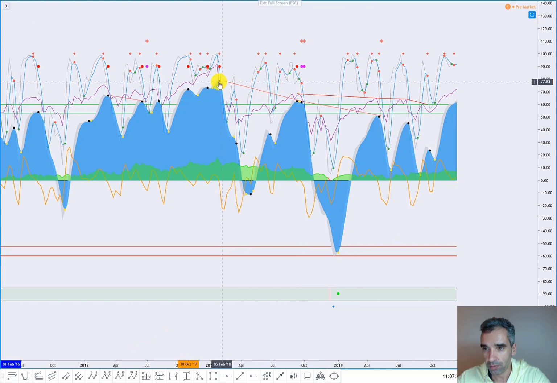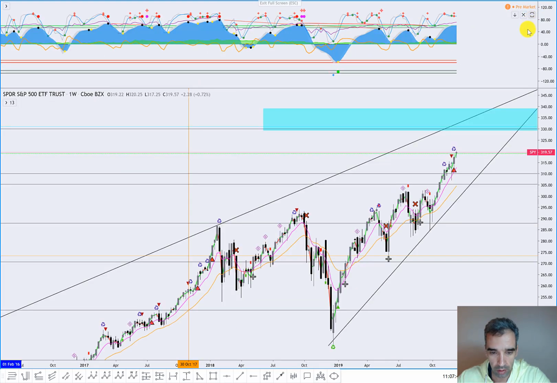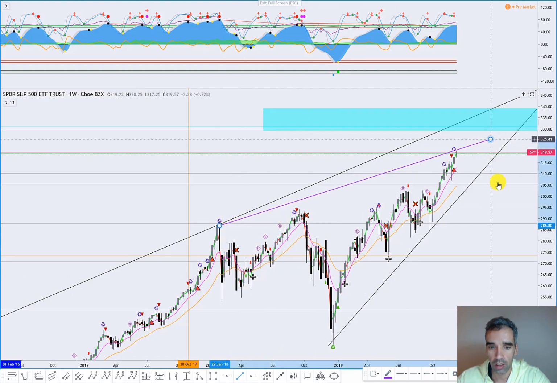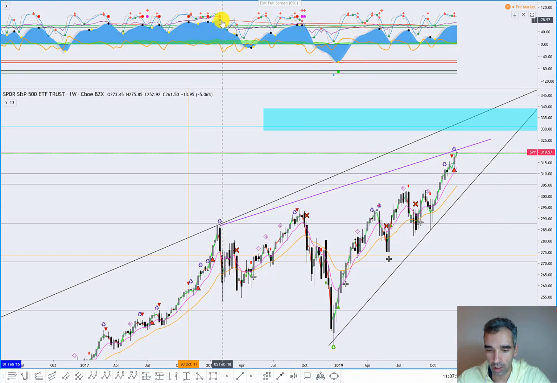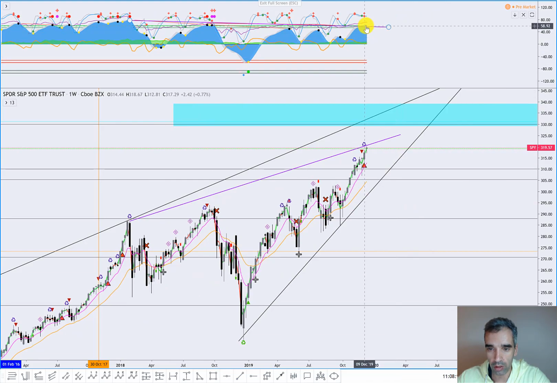In the long run, we have this big bearish divergence here that might bring the stock market down. This is the point here, but in the short term, this wave still has no divergence whatsoever.